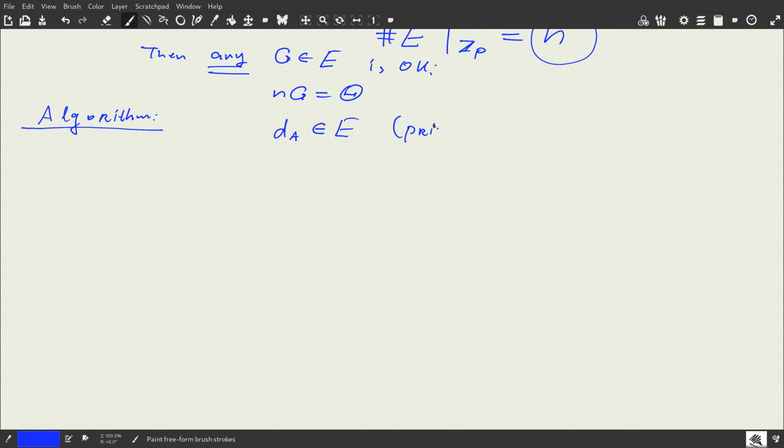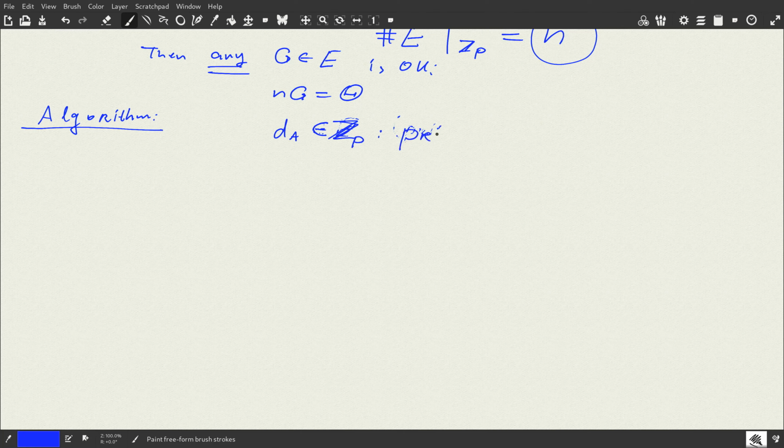Sorry, not a point on the curve. I apologize. This is a number. My apologies. dA, the private key, is a number. It will be used as a number of times we are going to perform multiplication. So dA is a number which belongs to the same Zp. Zp, not curve.